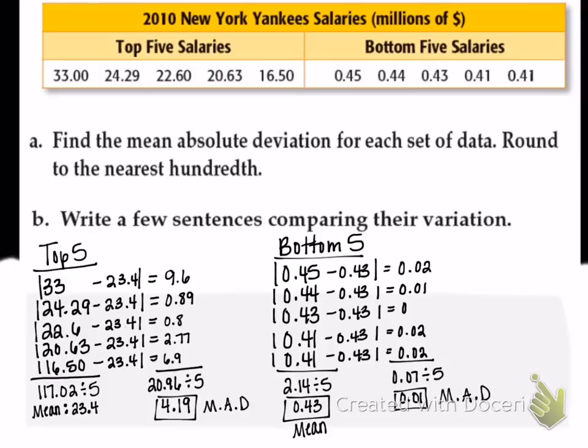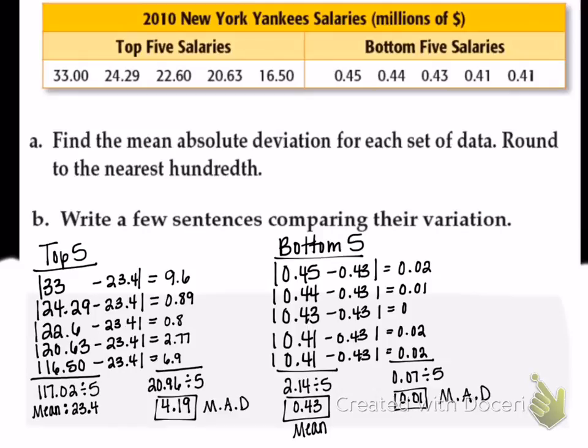Again, the 0.02s at the bottom will come up negative when you do the subtraction, but we have to take the absolute value because distance is not negative. You can have distance to the right or distance to the left, which is indicated by the sign, but the distance itself is neither positive nor negative. So we take the absolute value. When you get their average, you come up with a sum of 0.07. You divide by 5, and you get a rounded mean absolute deviation of 0.01, because we've asked you to round to the hundredths.